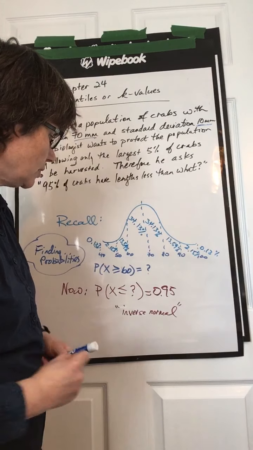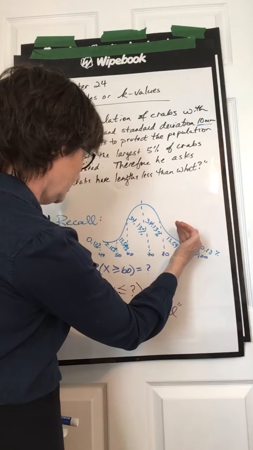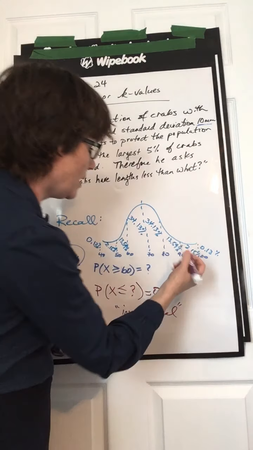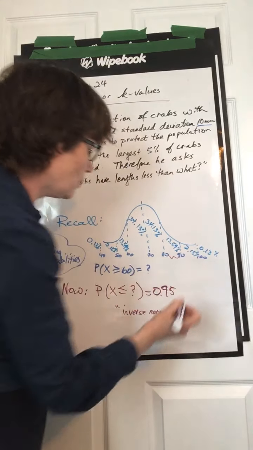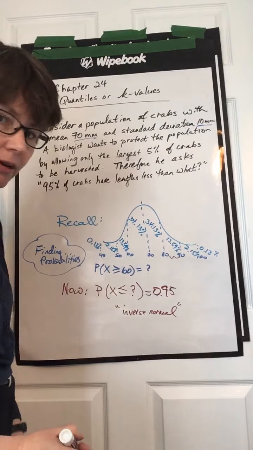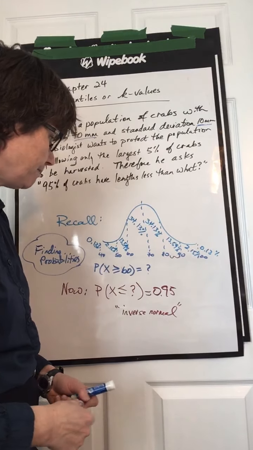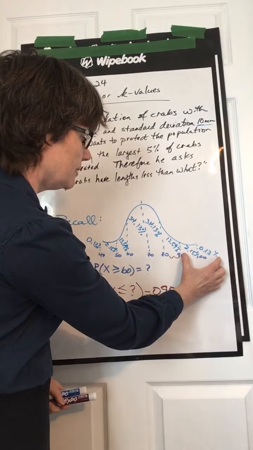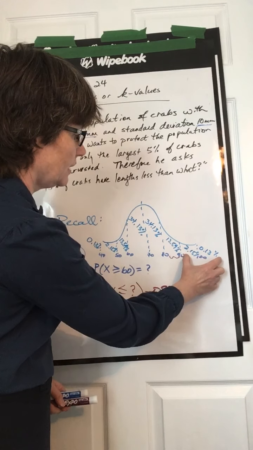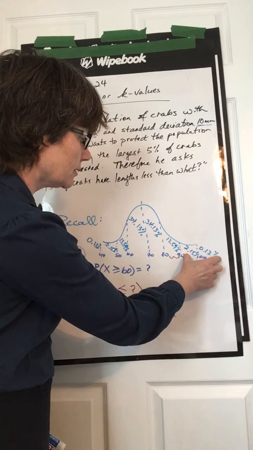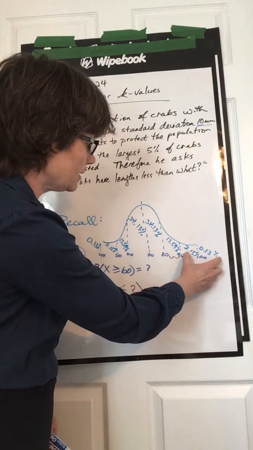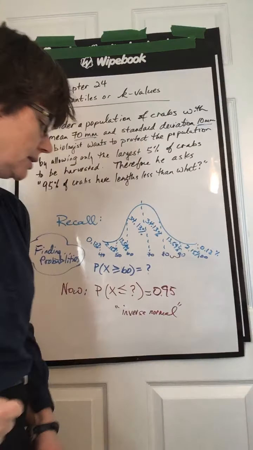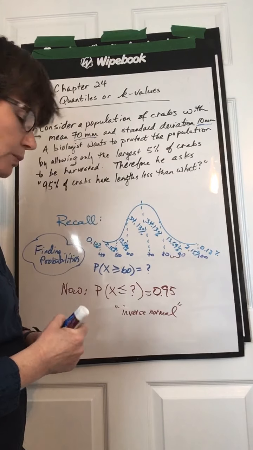So we're looking for 95% and down, a value somewhere in here. Our answer should be between 80 and 90, because we need 5% to be left up here and only 2.28% is there. So it's going to eat into part of the region between 80 and 90.